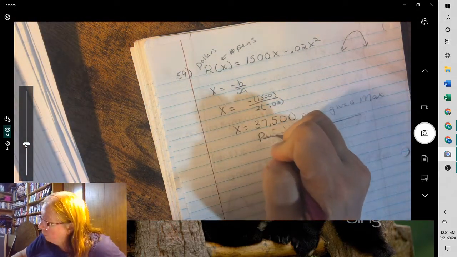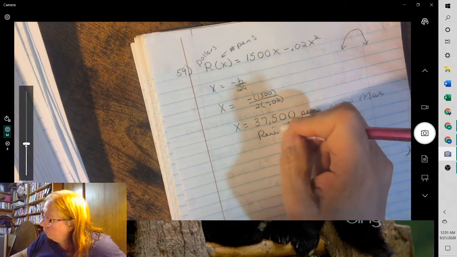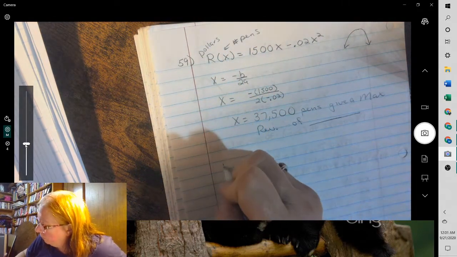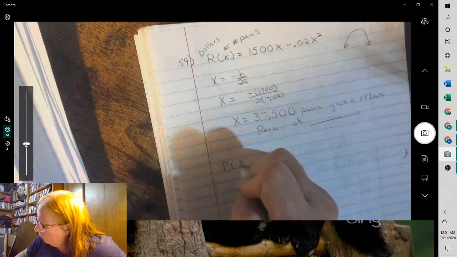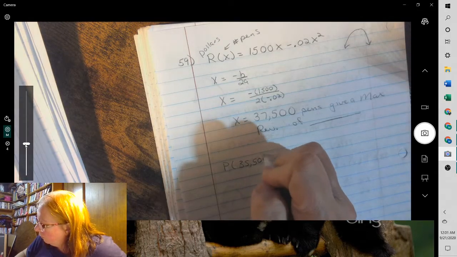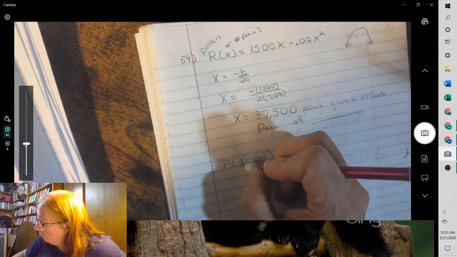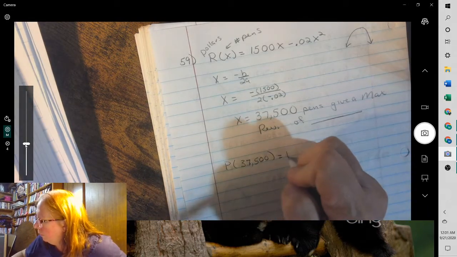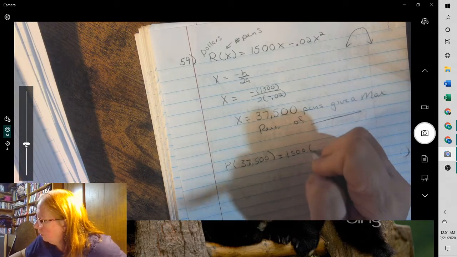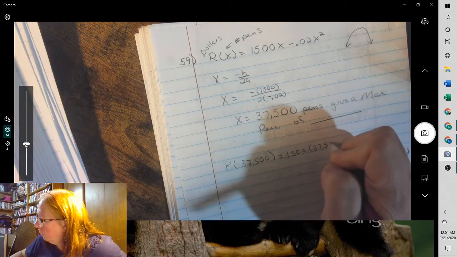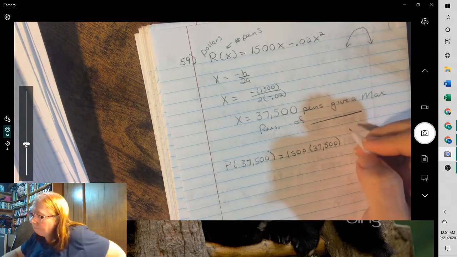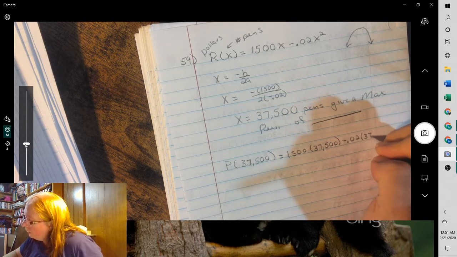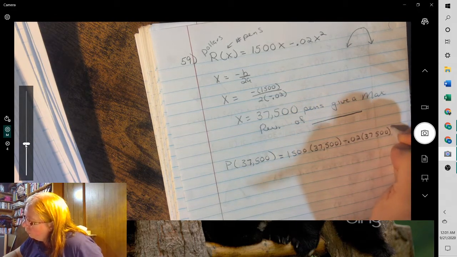Maximum revenue. Let me just plug it in. Equals 1500 times 37,500 minus 0.02 times 37,500 squared.